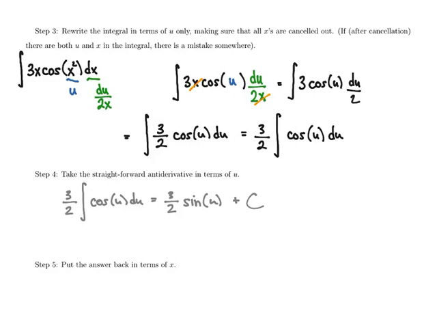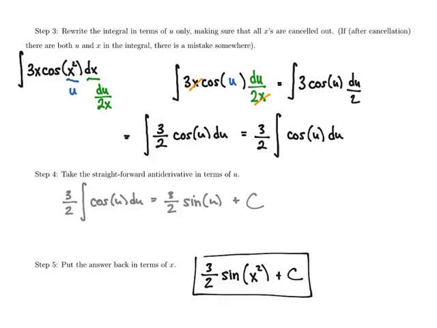And that is basically our answer, except that since our problem was given in terms of x, we should have our answer in terms of x as well. So there's one last step here, and that is we should write our answer as 3/2 sine of x squared plus c, rewriting the u as x squared.